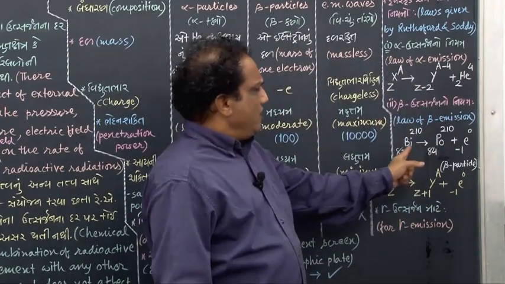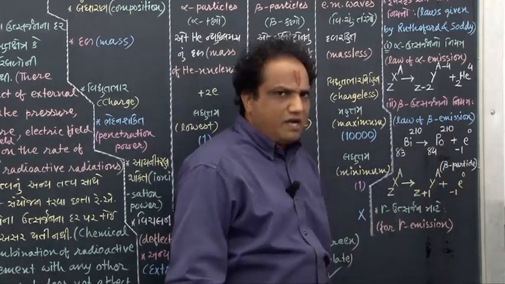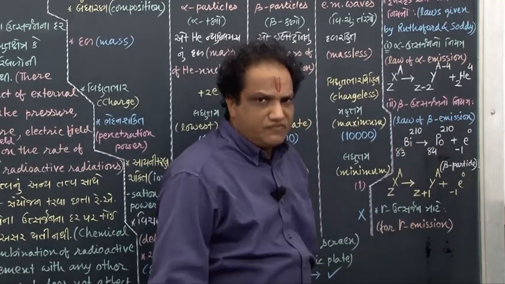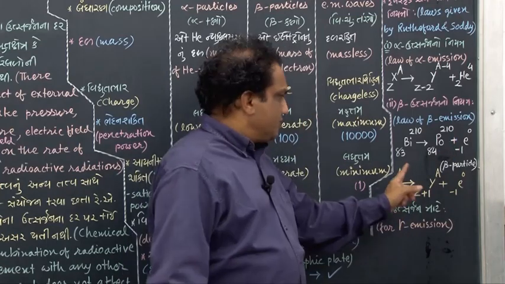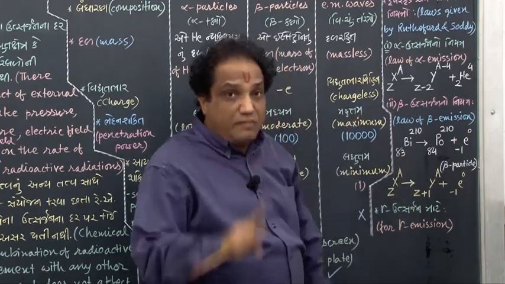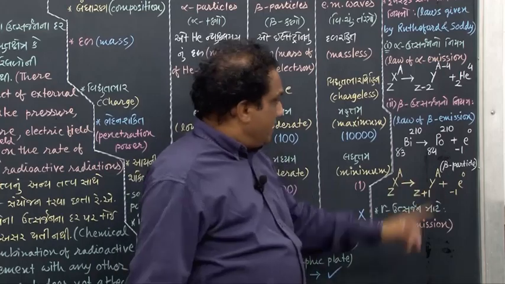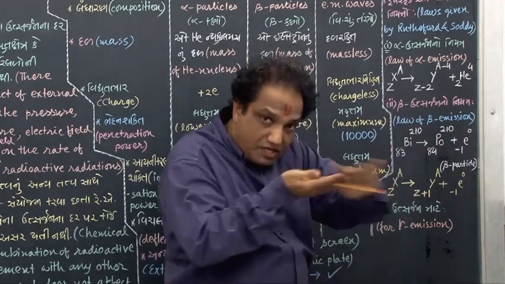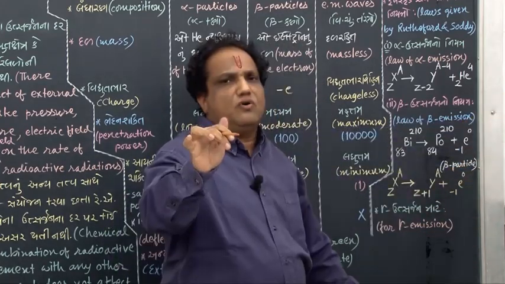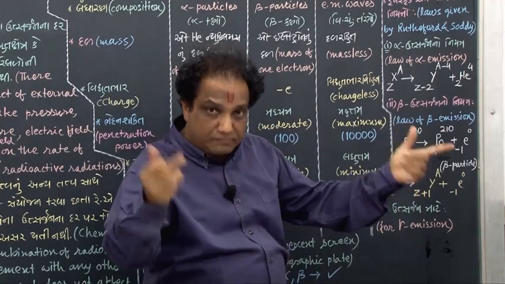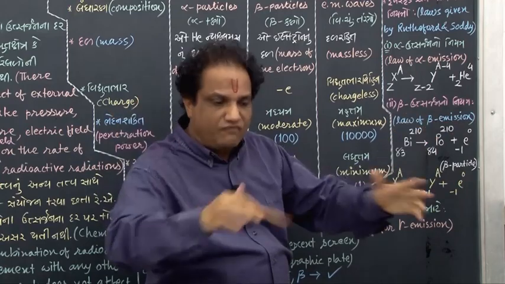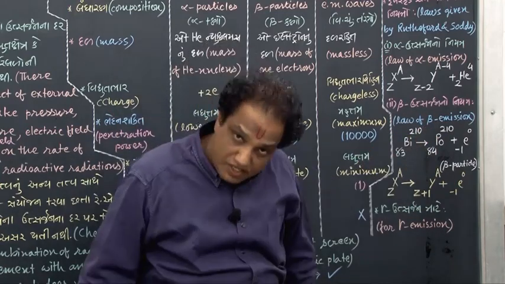Whenever any parent nucleus emits one beta particle and gets transformed into daughter nucleus, its atomic number increases by 1 unit and its atomic mass number does not change, full stop. This very statement is called law of beta emission for radioactive disintegration.